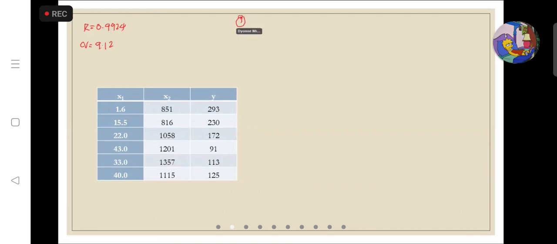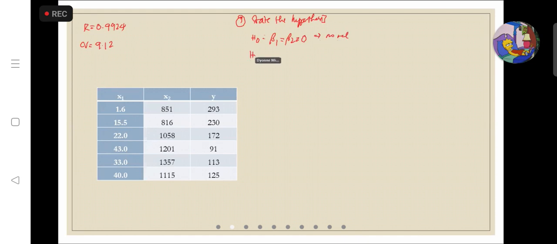Step 1 is stating the hypothesis. So, our null hypothesis is that B1 is equal to B2 is equal to 0. There is no relationship.